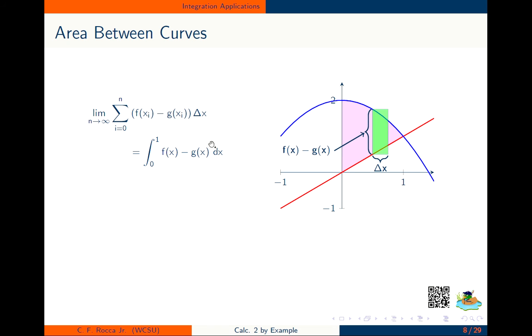When you add up all those little rectangles, like there were when we looked at the Riemann sums, that gives you an approximation. We then take the limit as the number of rectangles goes to infinity and the width of all the rectangles goes to 0, and that turns it into a definite integral. And that definite integral is how we find the area between the curves.